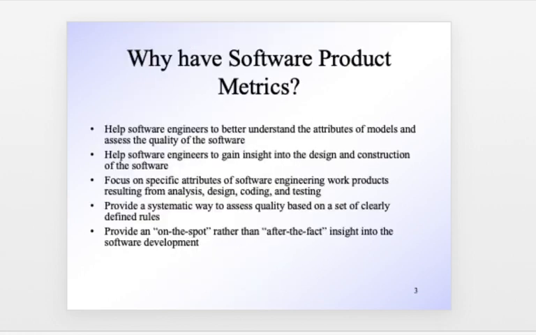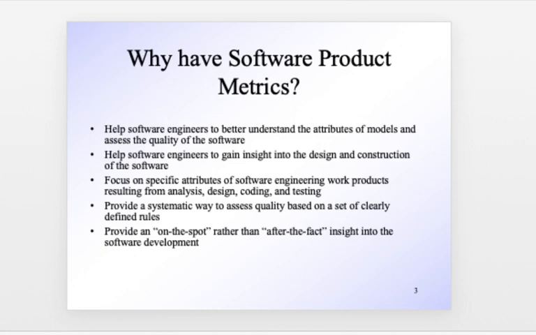Why have software product metrics? Software product metrics would obviously help the software engineers to better understand the attributes of models and assess the quality of the software. It also helps software engineers to gain insight into the design and construction of the software.